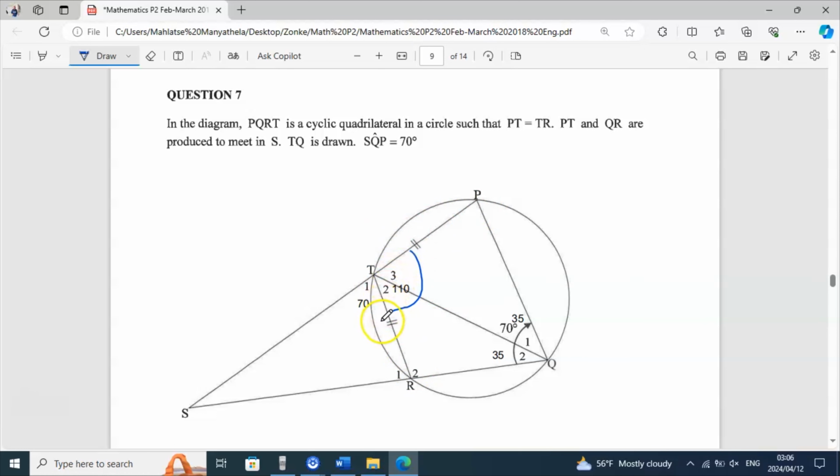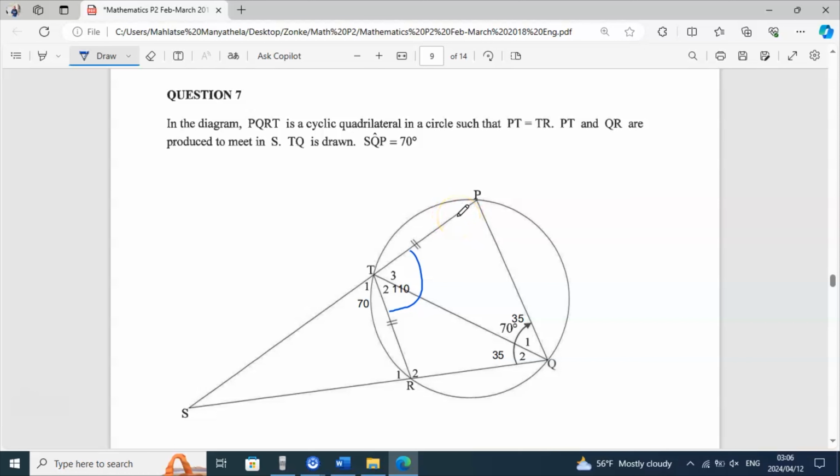So in this triangle, already I have this angle. What else do I have? Okay, so far there's nothing that I can come up with.